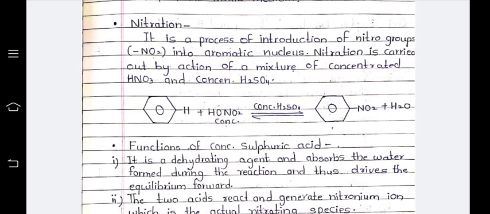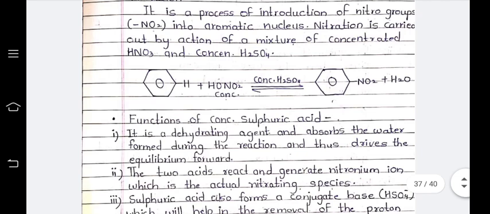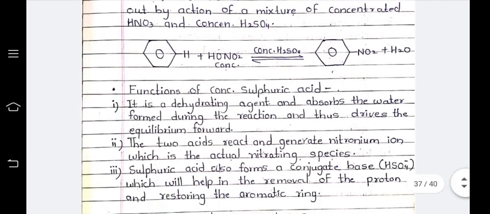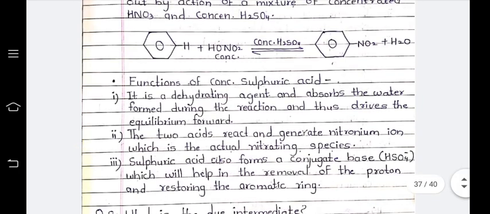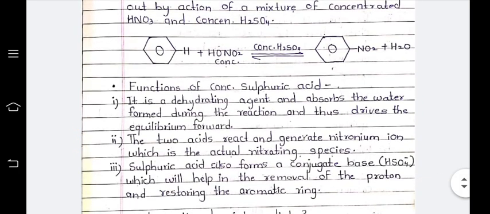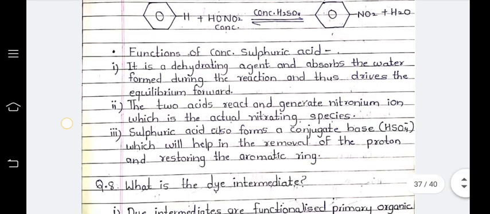It is the process of introduction of nitro groups, that is NO2 groups, into the aromatic nucleus. Nitration is carried out by the action of the mixture of concentrated HNO3 and concentrated H2SO4. So the starting material plus concentrated HNO3, with concentrated H2SO4 on the arrow, gives the NO2 compound plus H2O.